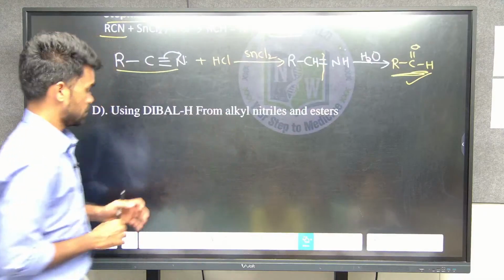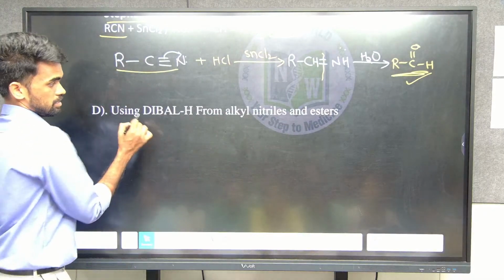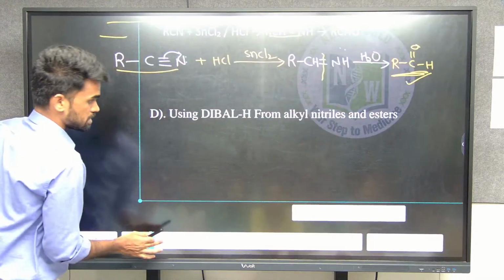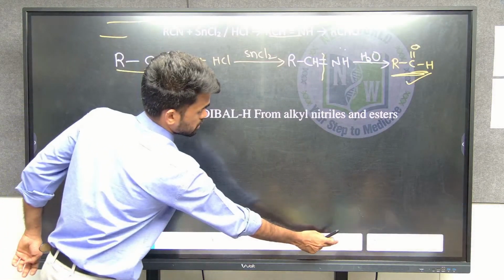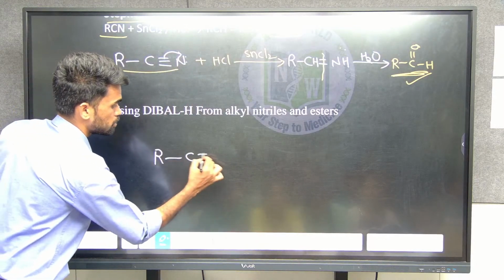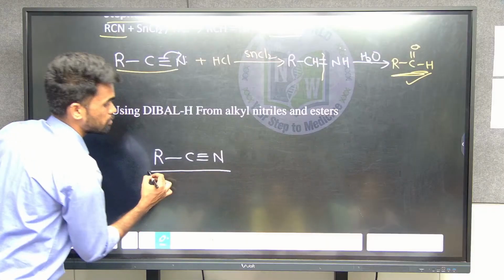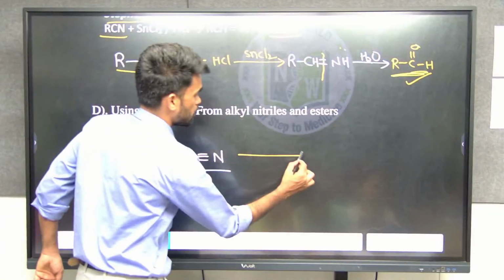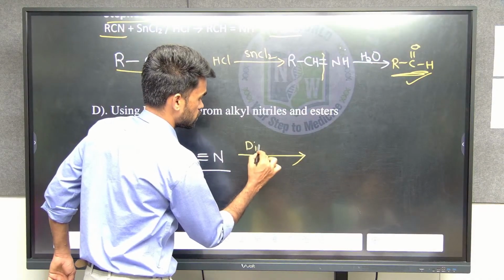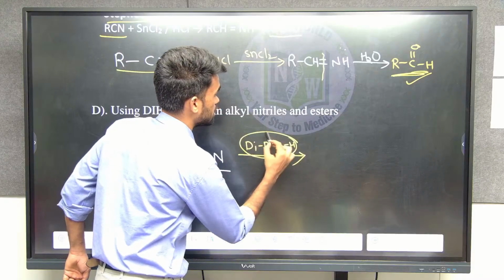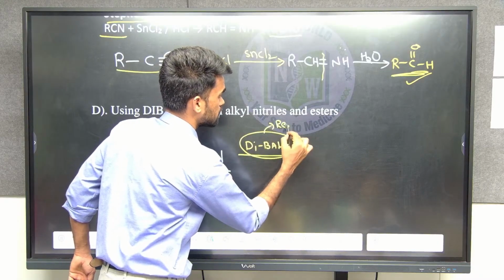Okay. Next. See, cyanides or nitriles are the same, like R, C, triple bond N. So we can call them alkyl nitriles or cyanides. These, upon treating with DIBAL-H. This is a reducing agent. What is this? Reducing agent.